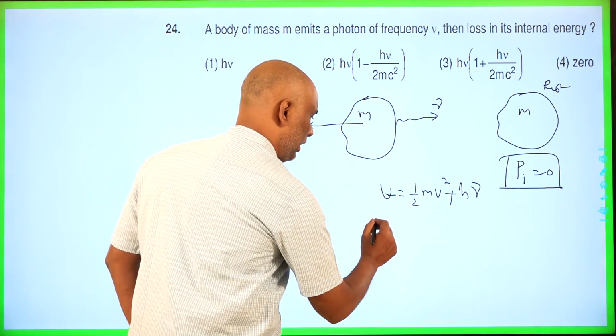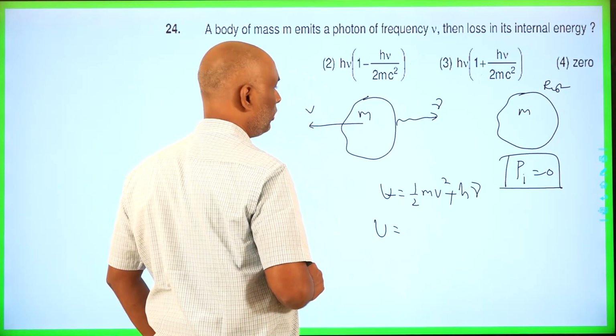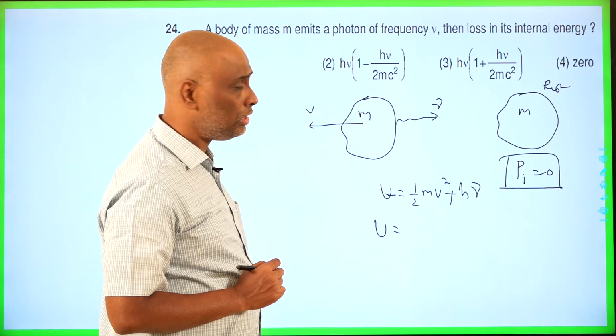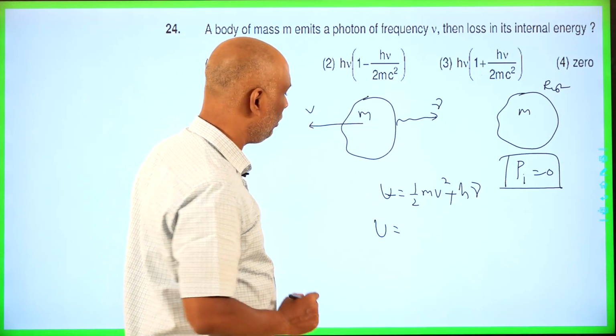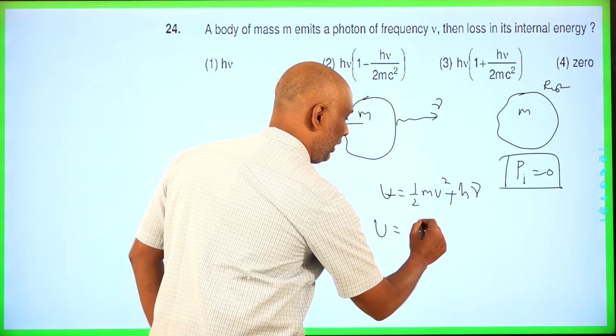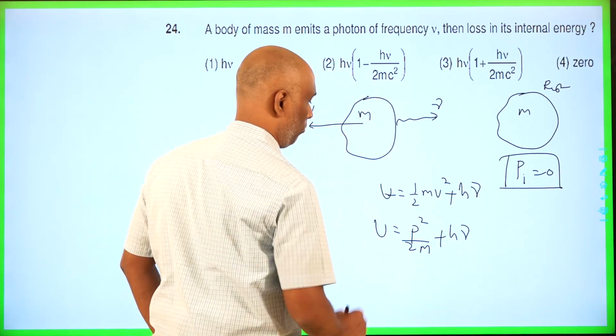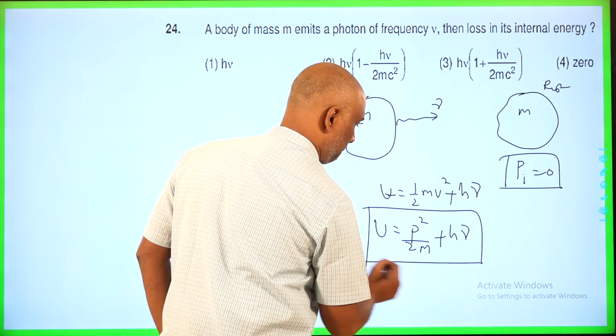So from this equation I can say the internal energy will become equal to, as momentum should be conserved, half mv square can be written as p square divided by 2m plus h nu. This will become the first equation.